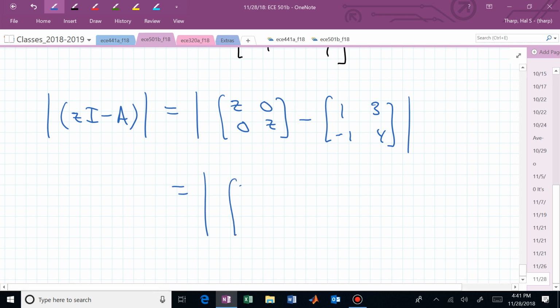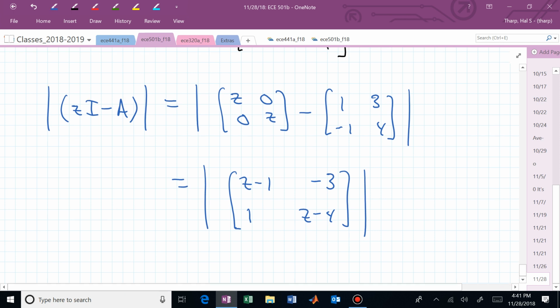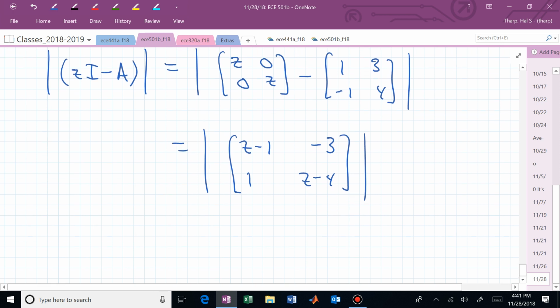Now I have z minus 1, minus 3, 1, and z minus 4 for my matrix that depends on this variable z.